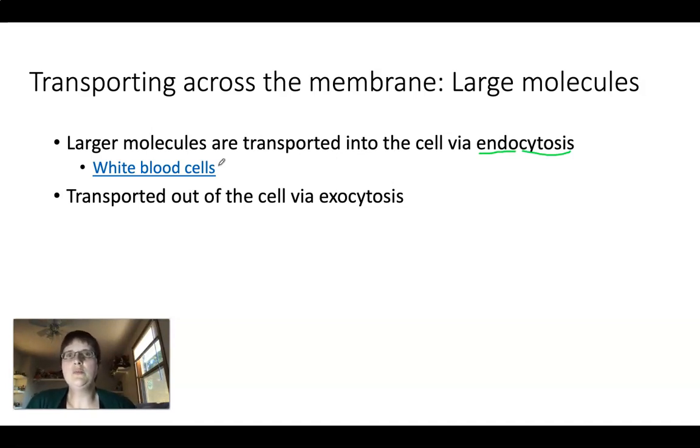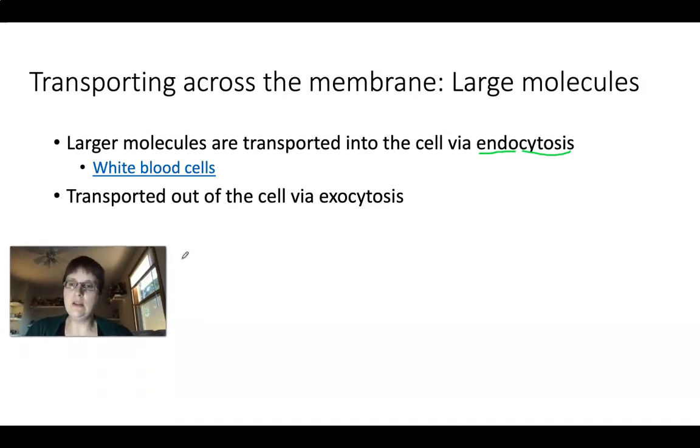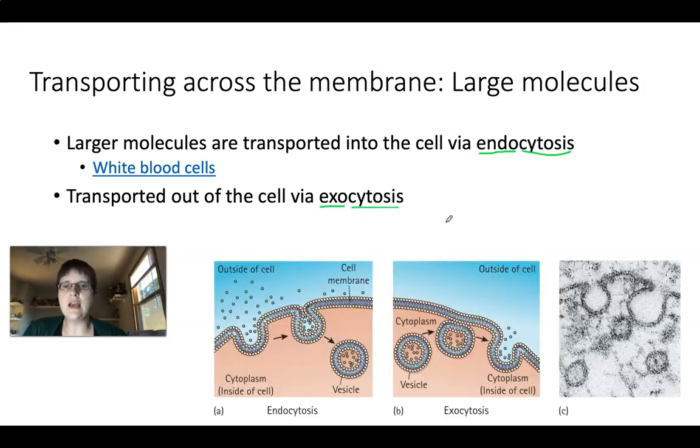If you're transporting something out, like your cells made a protein, or if you have waste that you need to send out, you're going to export it via exocytosis. Exo for out or exit, and then cytosis again for cell. The two processes actually look pretty much the same. They're just opposite of each other.